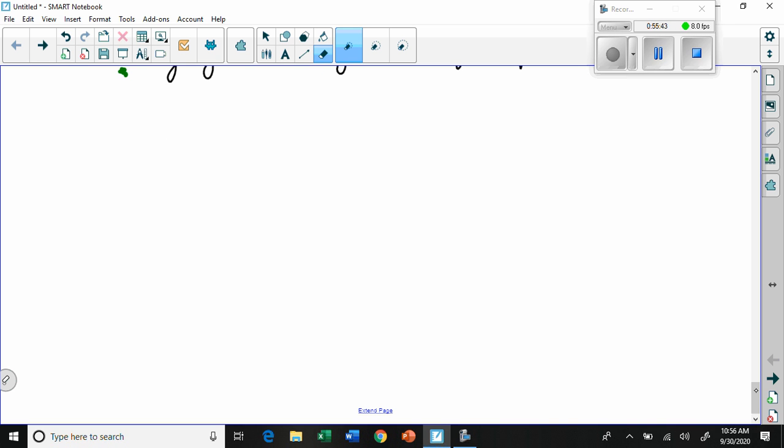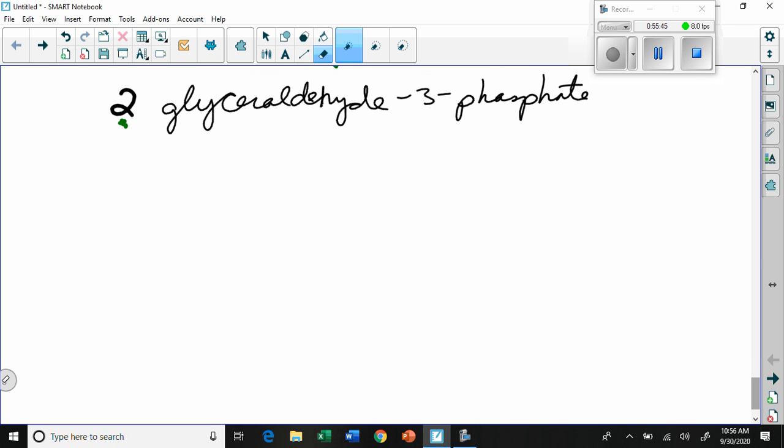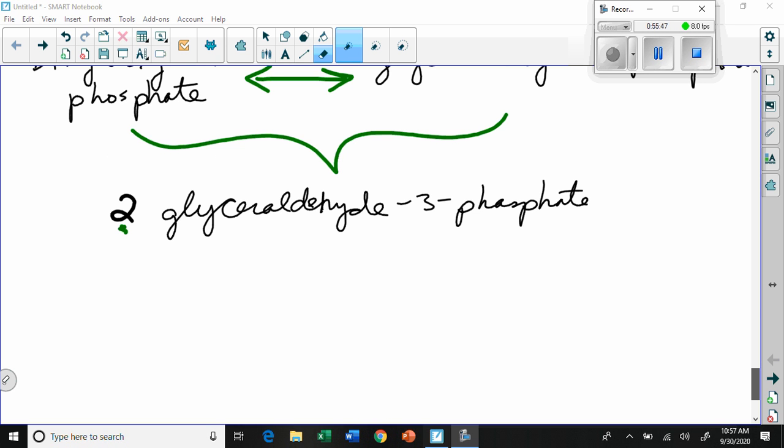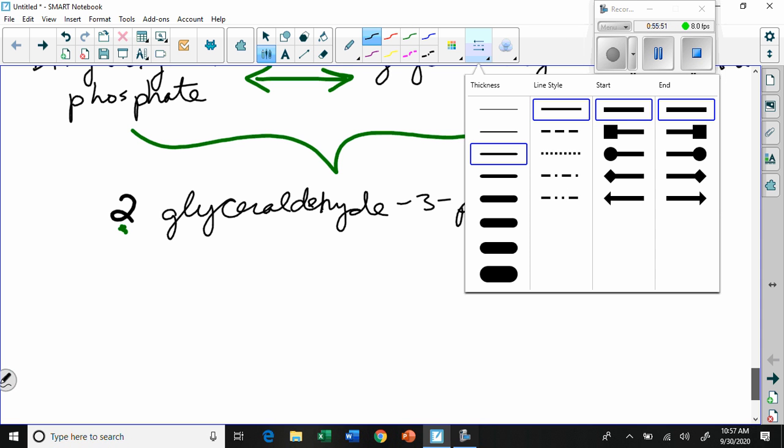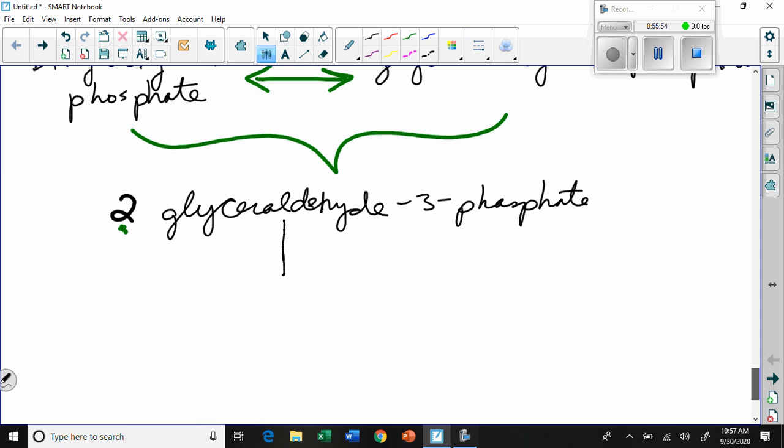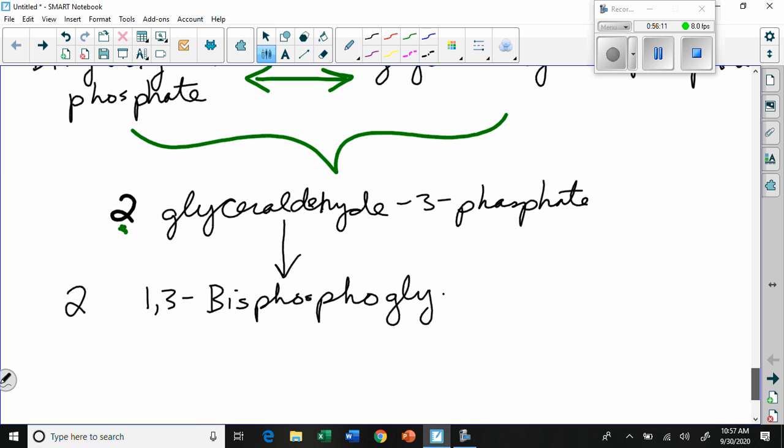Okay, so then the glyceraldehyde 3 phosphate, okay, 2 glyceraldehyde 3 phosphate is going to turn into the 1,3 bisphosphoglycerate. And there will be 2 of them. So 2, 1,3 bisphosphoglycerate.